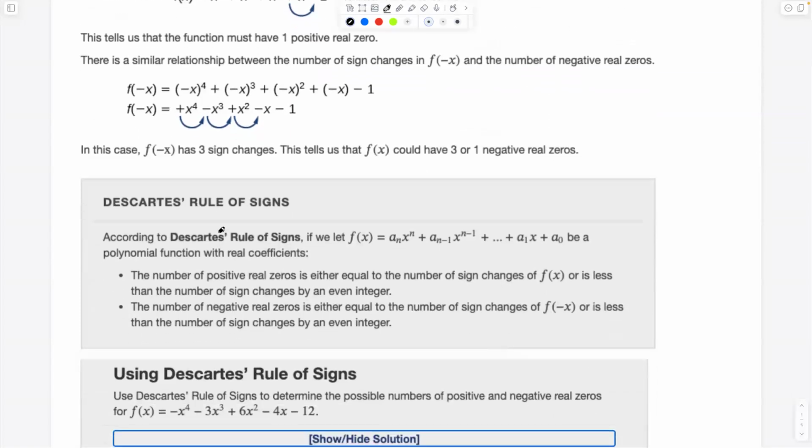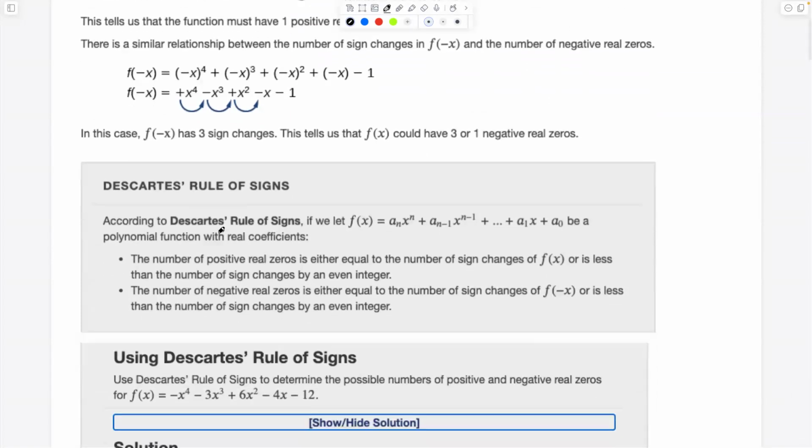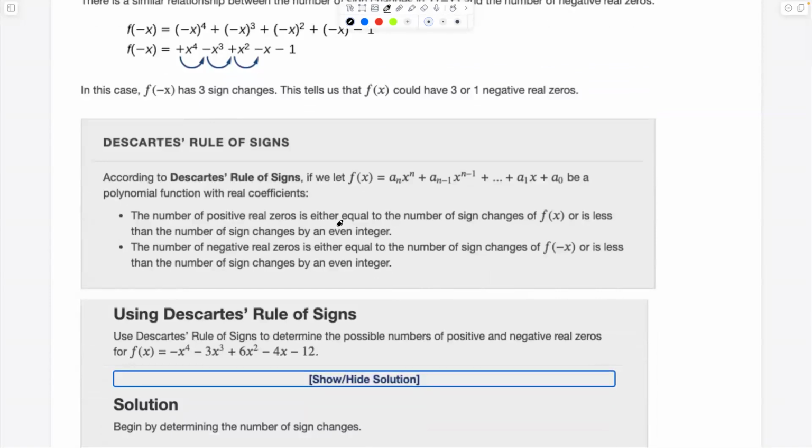Okay, so I keep saying something about. Here are the rules that you got to learn. When you leave the function alone and you count the sign changes, the number of sign changes equals the number of positive roots minus possibly an even integer.